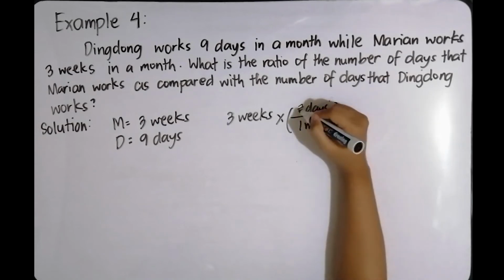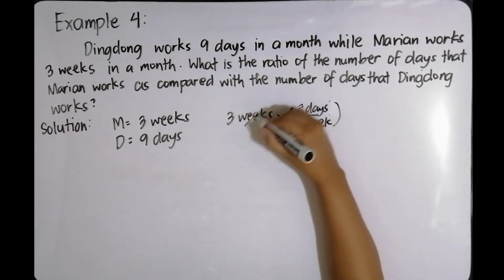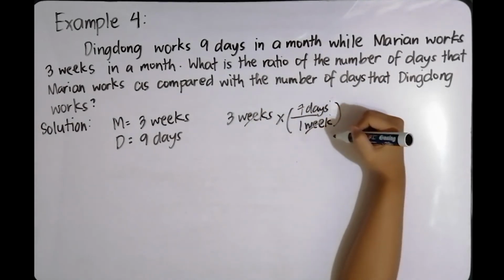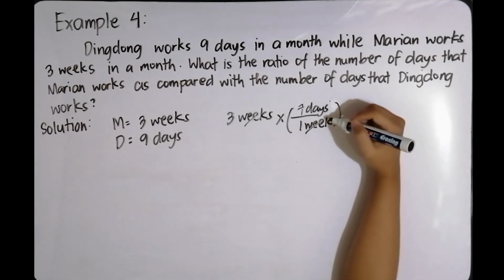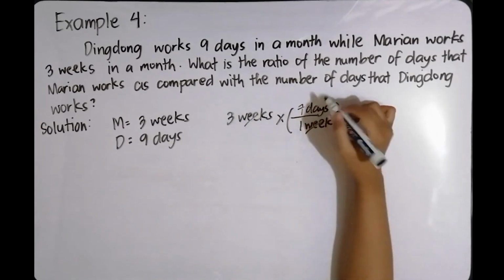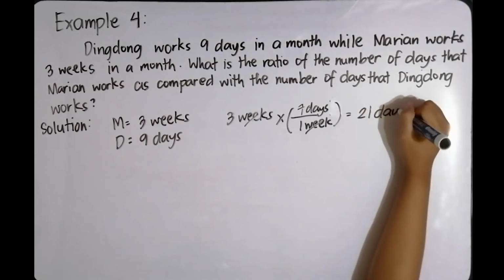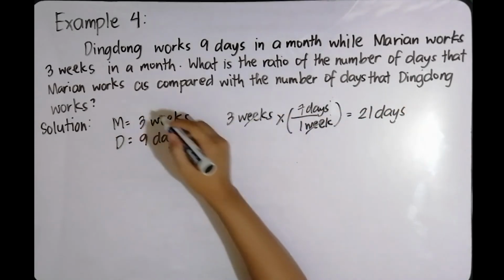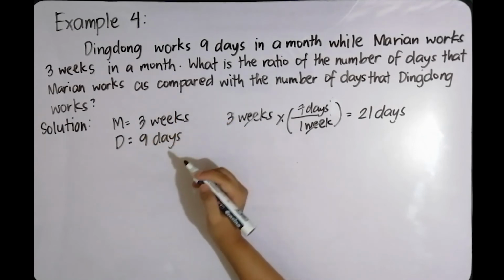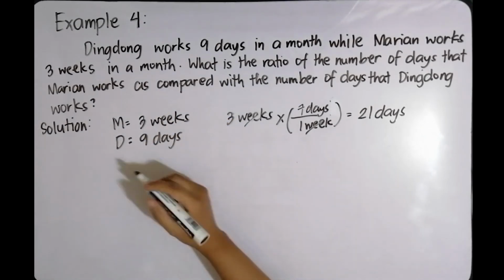So multiply by 7 over 1. The weeks over weeks should be cancelled because that is equal to 1. So 3 times 7 days, we have 21 days. So for Marian, we have 21 days.